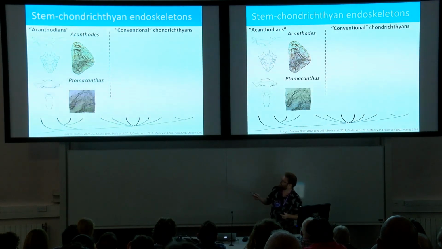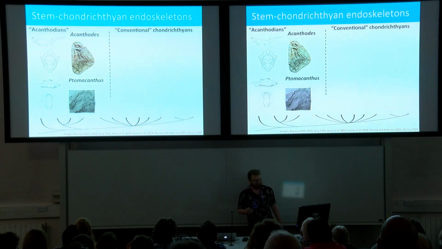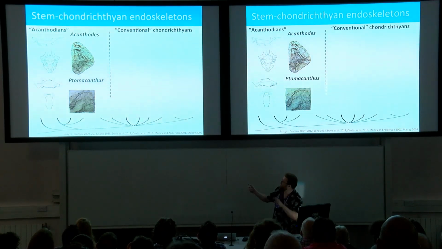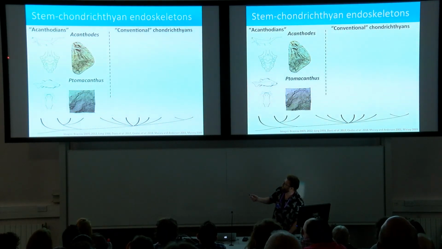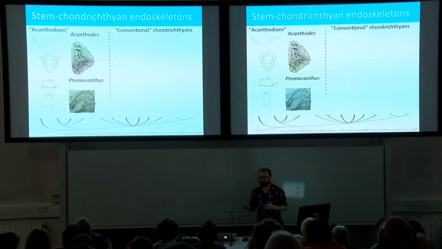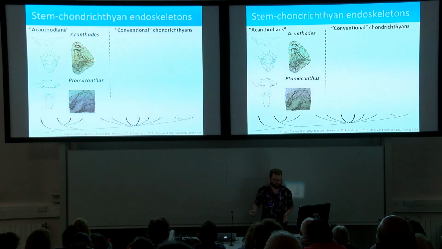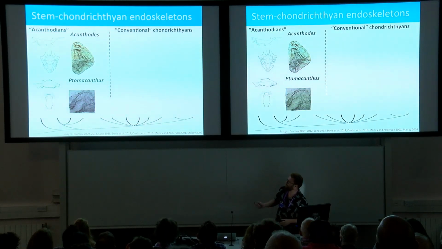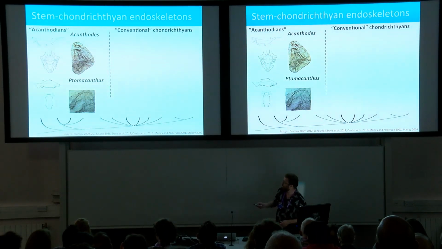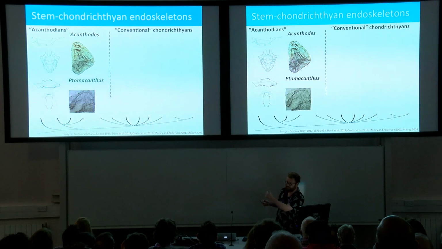And also, far more recently, there is Tomacanthus, which is one of these climatiid acanthodians, which probably comes out somewhere in this area, it's a grade. And this is known from a slightly grotty basicranium, which seems to show some characters. And I also found some gills within this slab, which I talked about before at different conferences. So we've got these two things where we have the gills and the braincase to at least some extent.